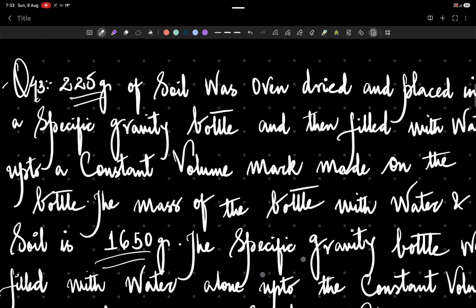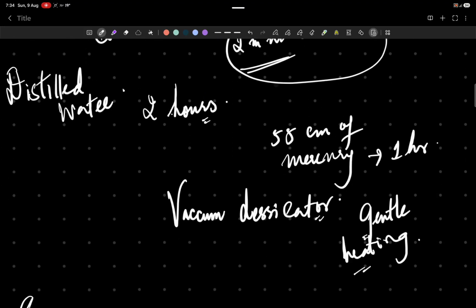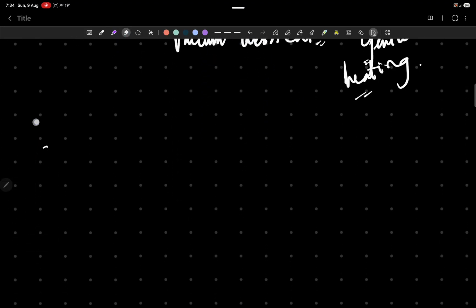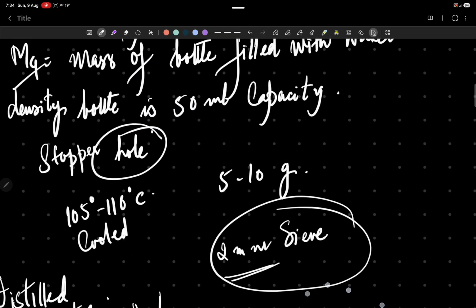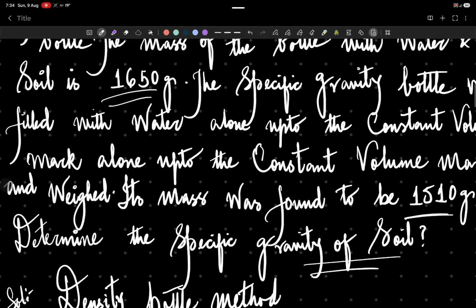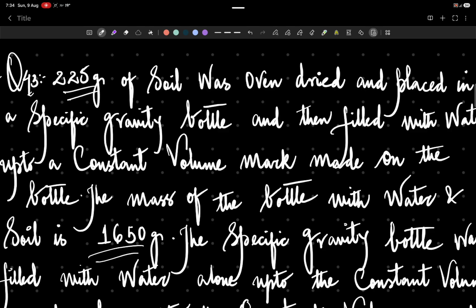Now listen carefully. 225 grams of soil was oven dried and placed in a specific gravity bottle. So the mass of soil is 225 grams. Then it is filled with water up to a constant volume mark made on the bottle.